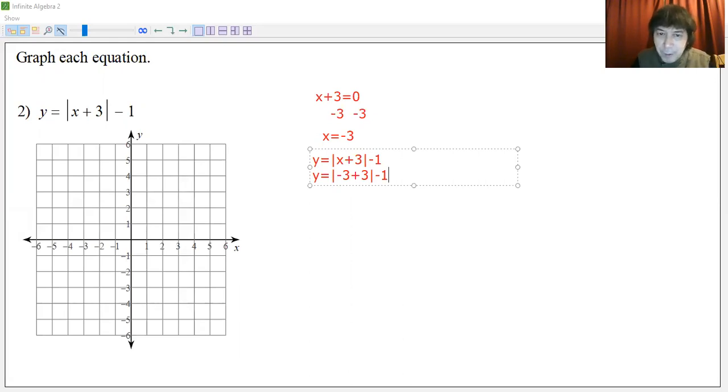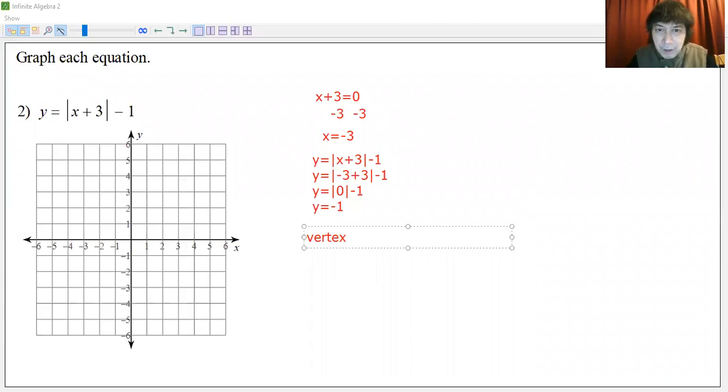Because negative 3 plus 3 is already 0, so we have 0 minus 1, which results to a negative 1, okay? So our y coordinate is negative 1. So we found our vertex, okay? This is our vertex now.